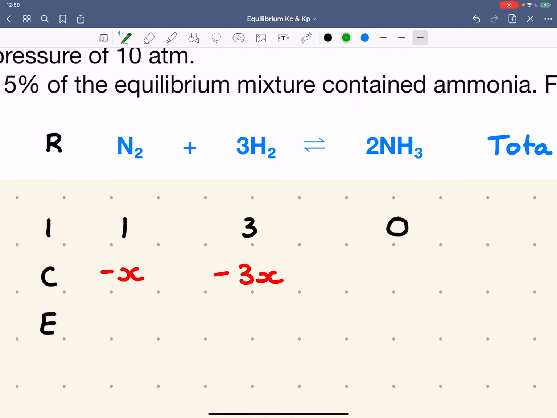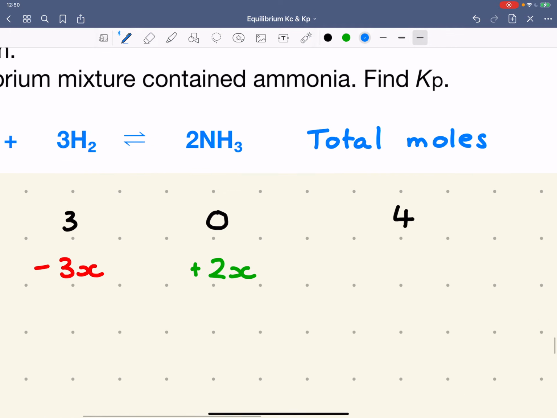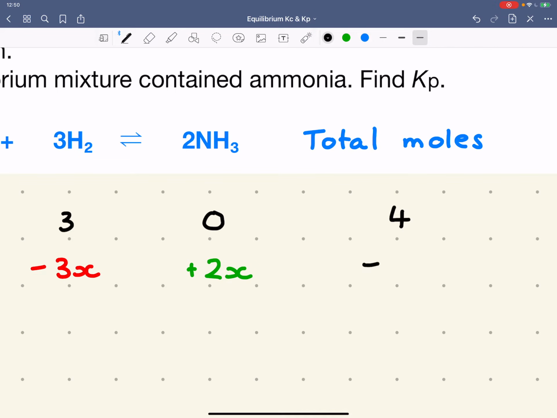For every mole of nitrogen which reacts, 2 moles of ammonia are formed, so this is going to increase by 2x. So we've got an increase of 2x but a decrease of 4x, and the net result is the total number of moles has gone down by 2x.